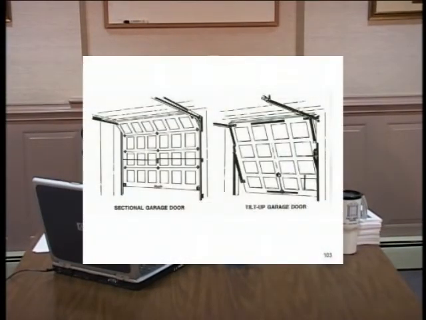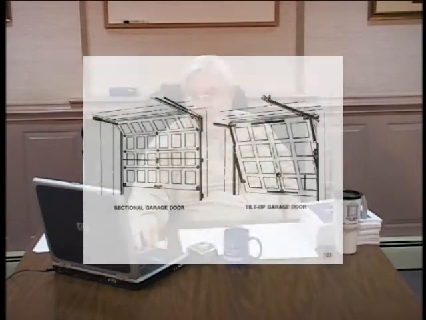The next one is 103, sectional doors. These are garage doors. This is what most people know. If you've ever seen the movie That Darn Cat, and you see where people actually got on the garage door, where actually it's called a tilt-up garage door, and they actually got lifted up into the garage door, that's what that door is right there. And then you also have the full opening garage doors.